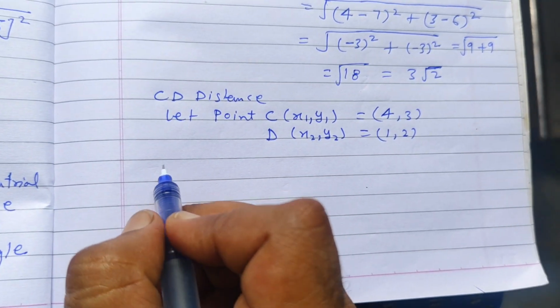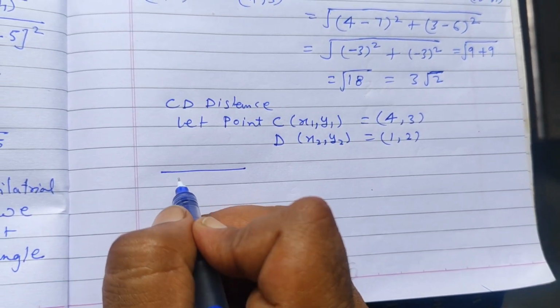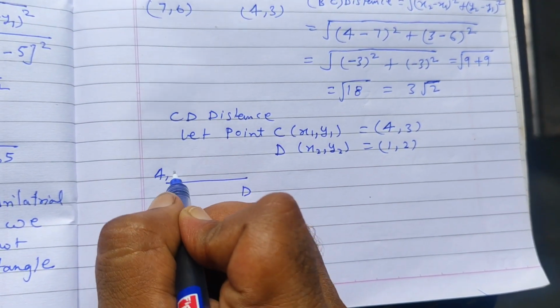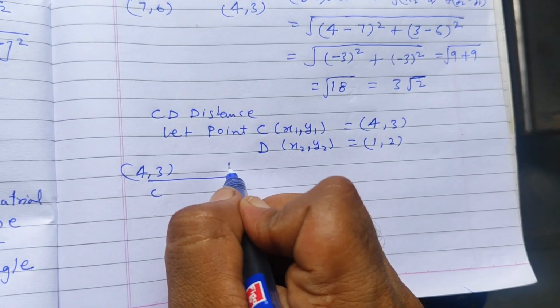So find the distance between C and D: 4, 3 and 1, 2.